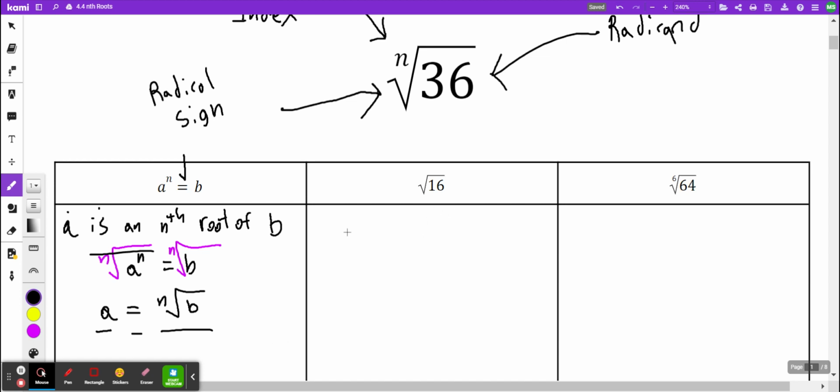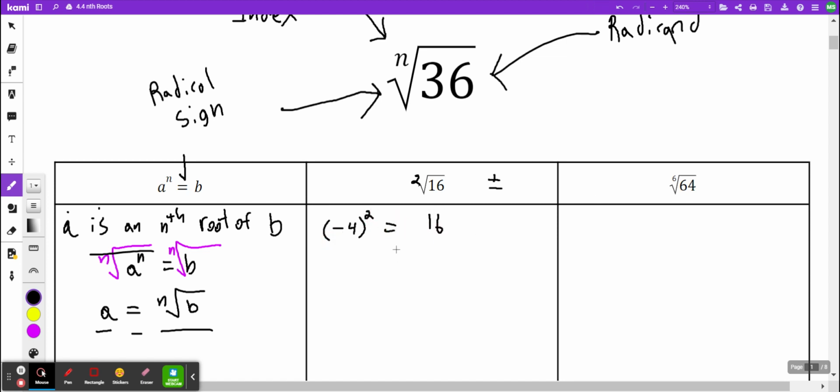So if I'm going to be talking about the square root of 16, I know that I have two answers right here. This is squared, this is an even, so I have both positive and a negative. So I know that negative 4 squared is equal to 16.